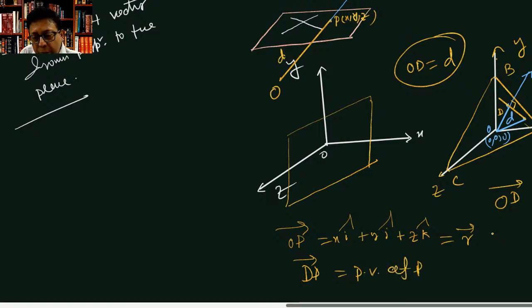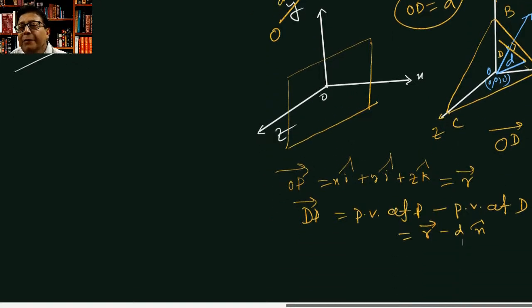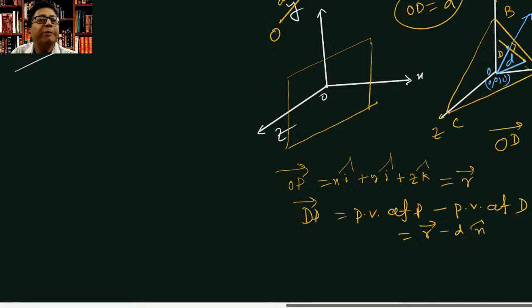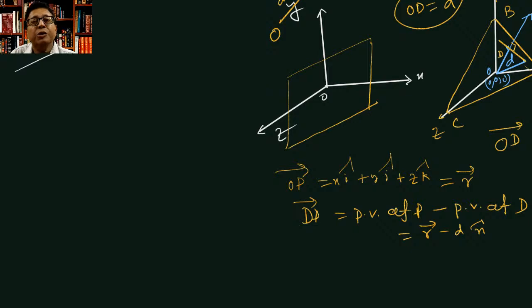Position vector of P minus position vector of D. R minus D times n cap. This DP vector is perpendicular to the normal drawn here, isn't it? This is perpendicular to the normal drawn here.